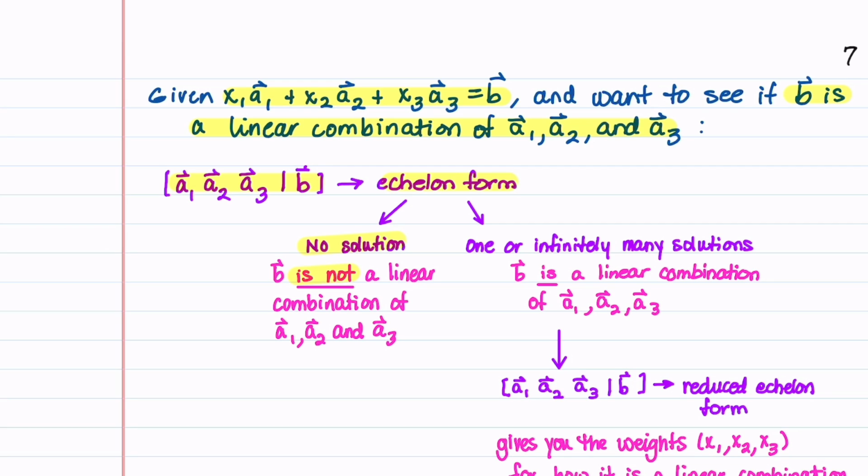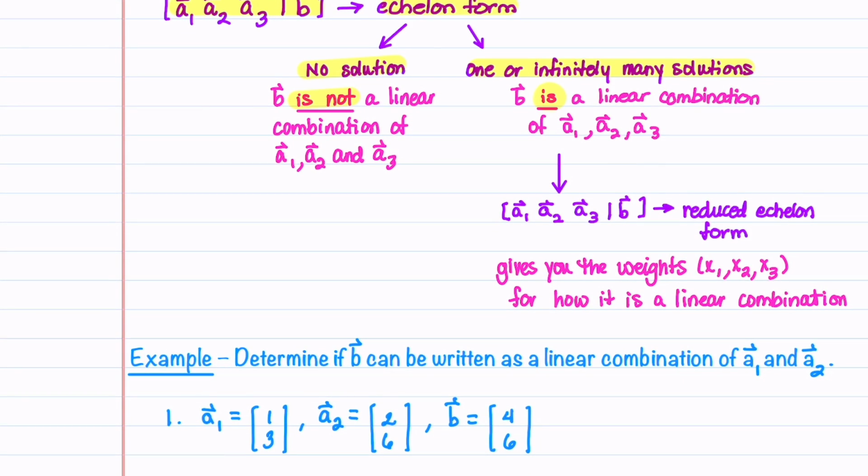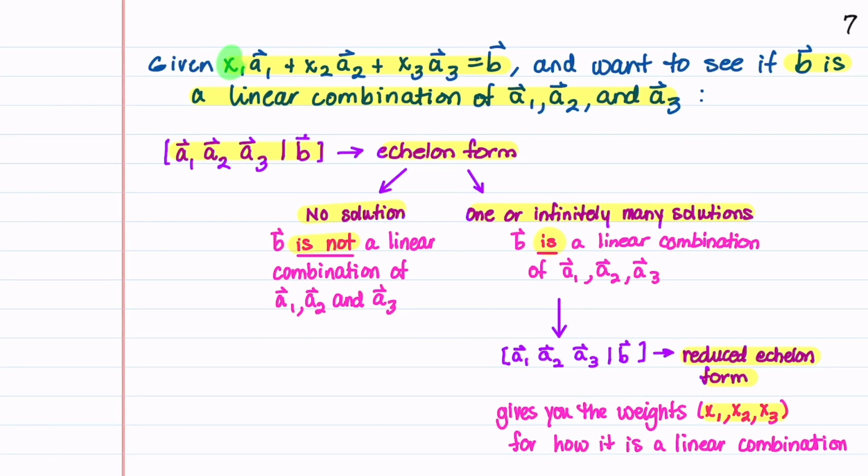If it has a solution, either one or infinitely many solutions, then we'll know that b is a linear combination of a1, a2, and a3. If we go on and reduce this matrix to reduced echelon form, we'll get the weights x1, x2, and x3. Let's look at those above. That's these terms. And they will tell us exactly how b is a linear combination of a1, a2, and a3.